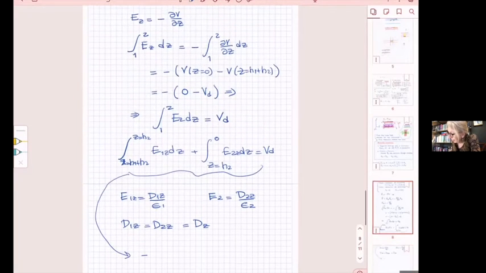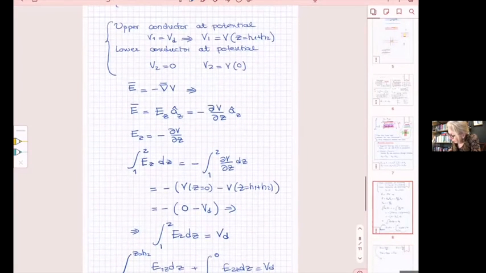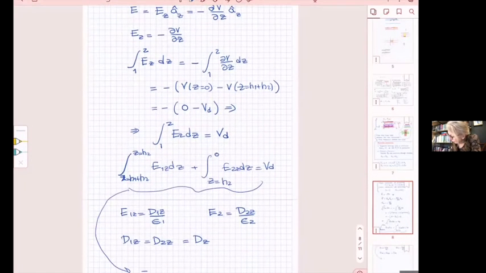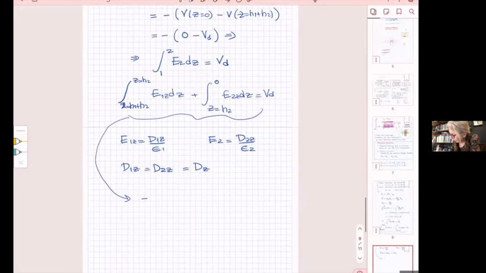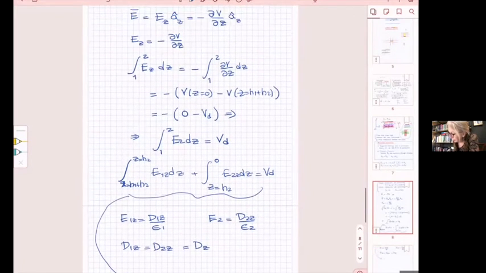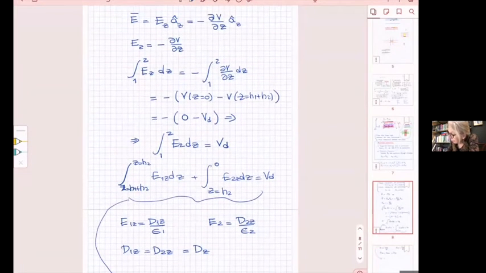Okay, so here you have to remember that when I do the fields and I go down here, EZ goes down along the negative Z direction. So practically, I will have to take that negative into consideration when I remove the A sub Z's.